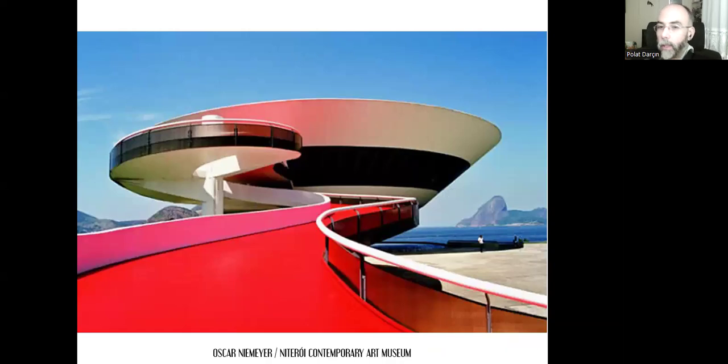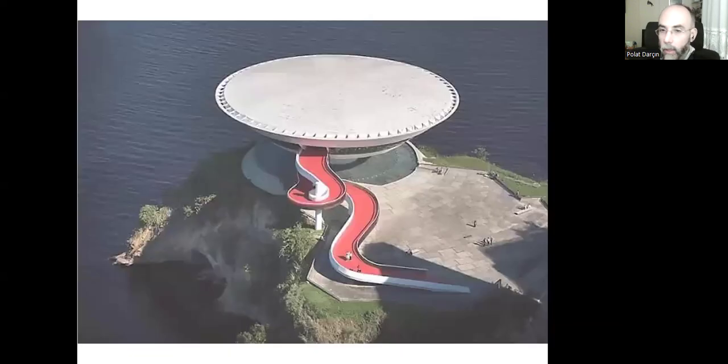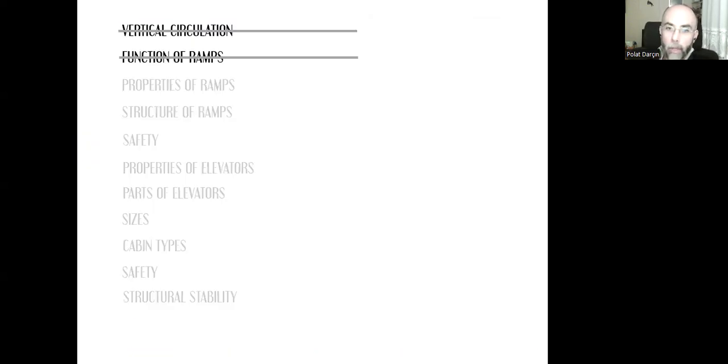It doesn't necessarily have to be inside the building, of course. We have this Contemporary Art Museum of Oscar Niemeyer, and at its main entrance, this red ramp is the main determinant of the building, and it has a very nice effect on the whole building.